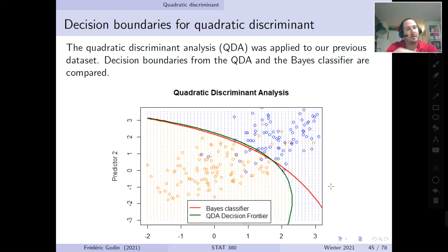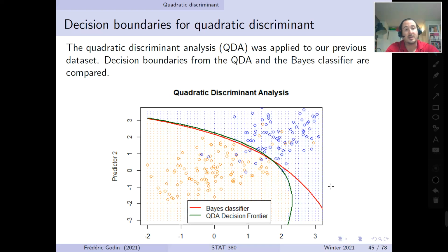Okay, so the assumption made by QDA is that the predictors in each class are simulated from a multivariate normal distribution depending on the class.